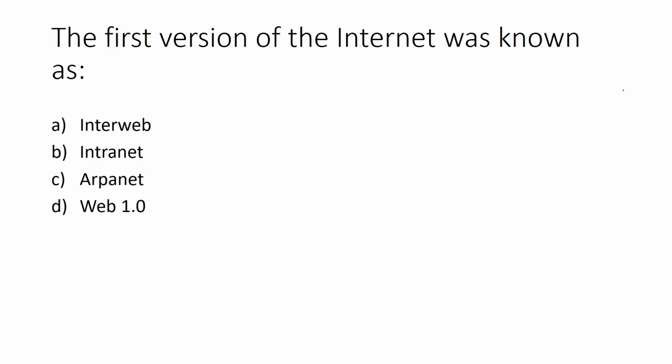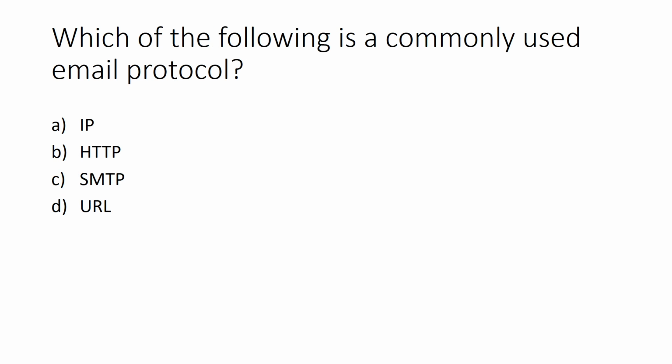The first version of the internet, ARPANET, full form is Advanced Research Project Agency Network. Next question, which of the following is a commonly used email protocol? The commonly used email protocol is SMTP, Simple Mail Transfer Protocol.